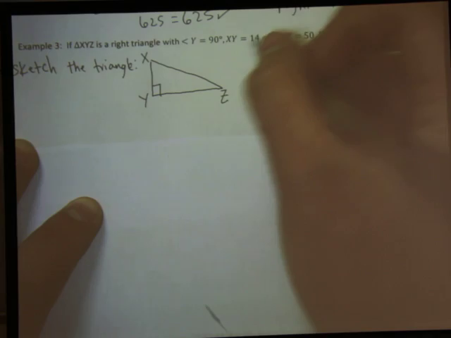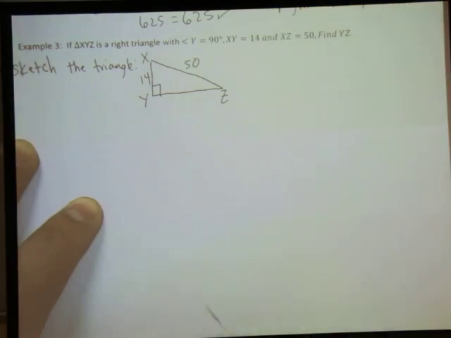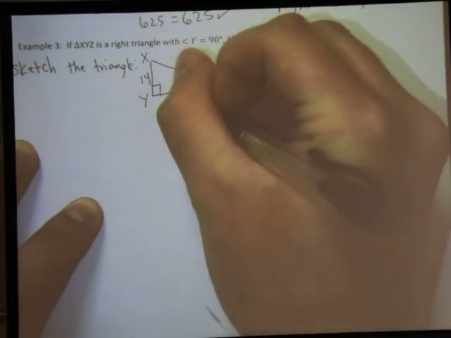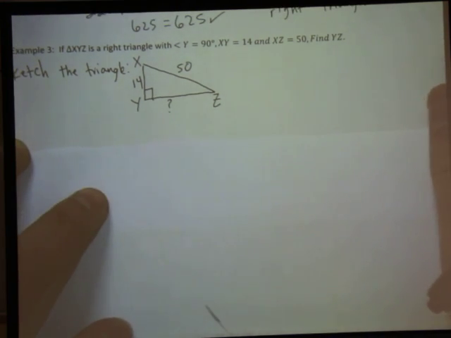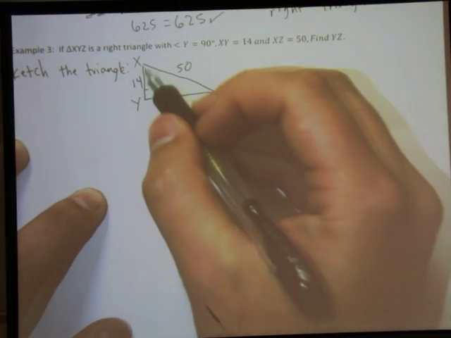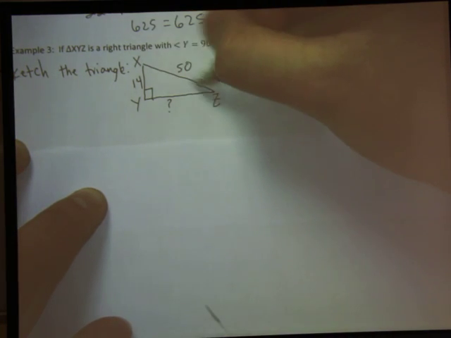Now what do I know from back up here? I know that XY was 14, I know that XZ measures 50, and what I'm trying to find is YZ. So using the Pythagorean theorem, I know my a, my b, and then my c length is always that hypotenuse, or that longest side.